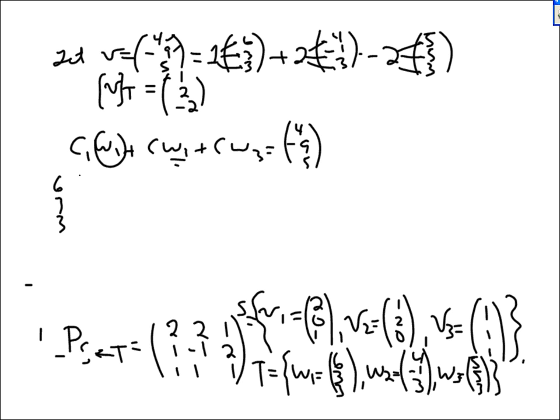W2 as the next column, 4, negative 1, 3. And then W3 is a column. Now, is that where I have my mistake? No. Okay. You write this down as columns, and you augment it with 4, negative 9, 5.